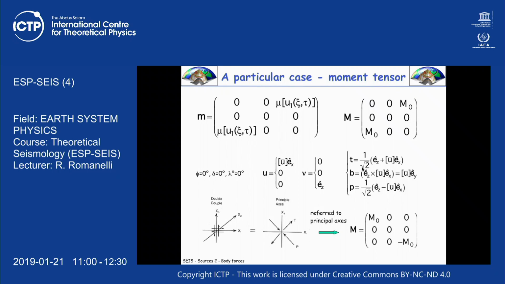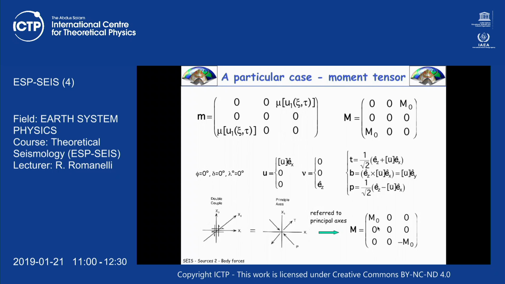And they can be written in terms of T, P, and B. All these representations are the same. But the equivalent body force, the shear dislocation in the direction with the fault given there, is a double couple 1, 3, 3, 1. If you diagonalize it, there it is. What is left? The amplitude of slip inside M0.